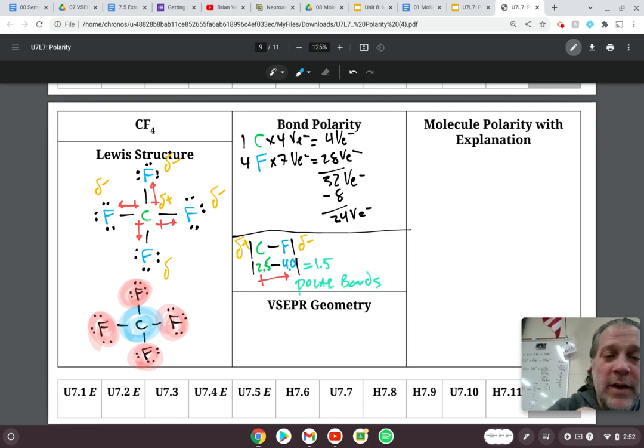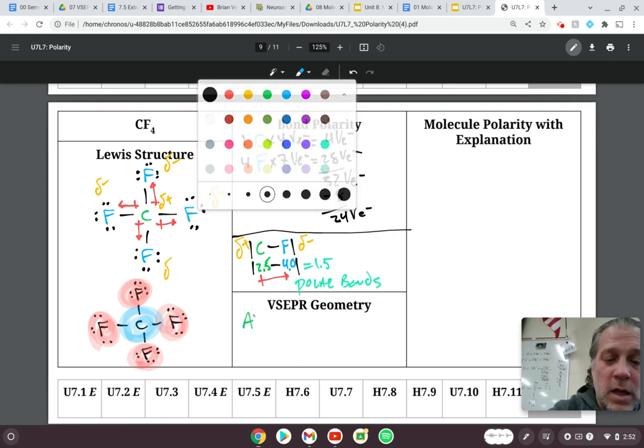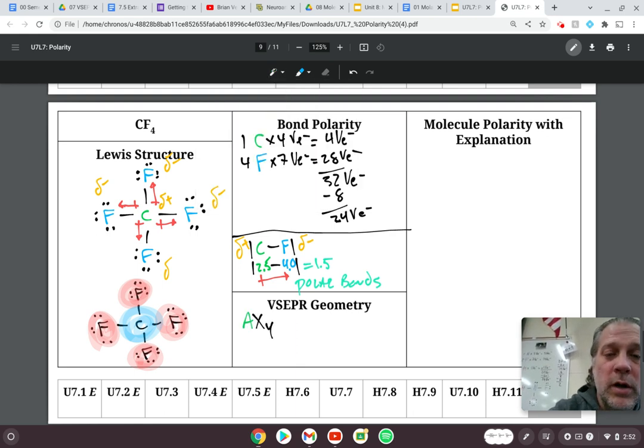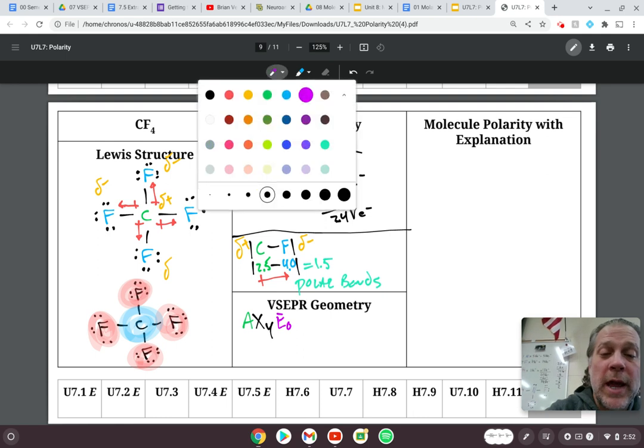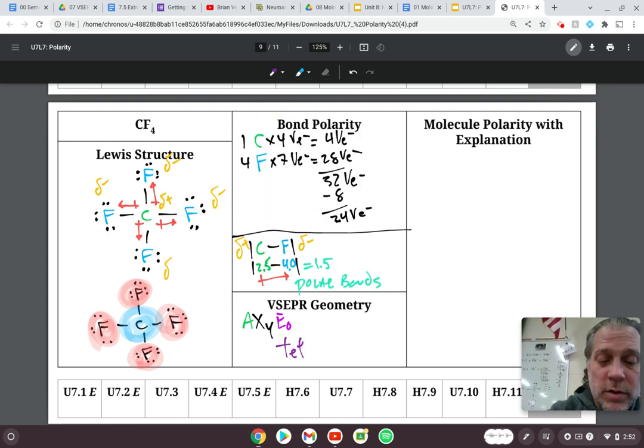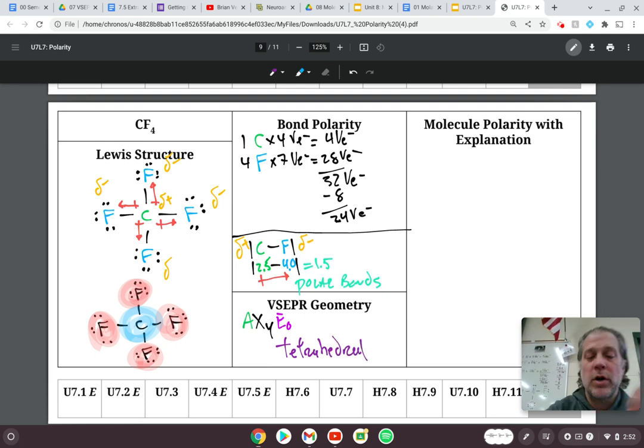If I was going to identify the geometry of this molecule, it is an AX4, and there's nothing on the central atom, no pairs of electrons on the central atom, so it's an AX4E0. So this is going to be known as the tetrahedral structure.